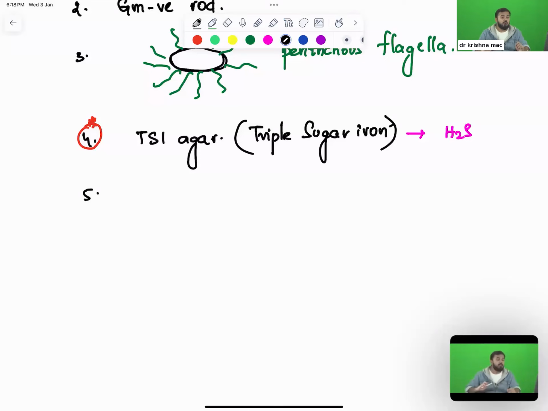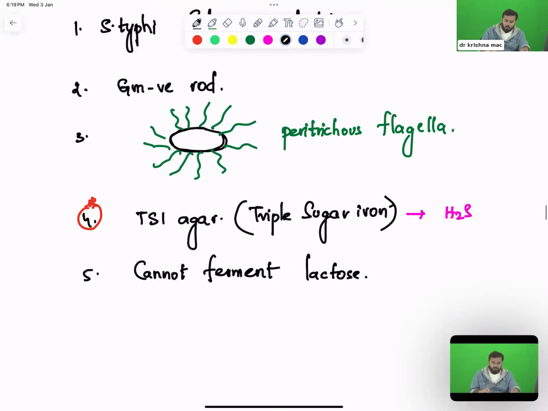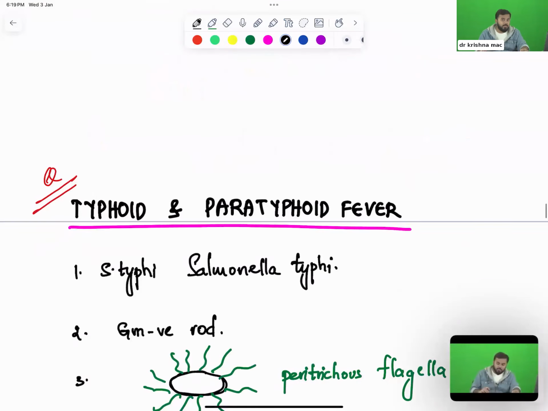Colorful colonies are pink, and colorless colonies are those that do not ferment. Those who ferment lactose are pink. So here, it cannot ferment lactose. This is all you need to know regarding Salmonella typhi.